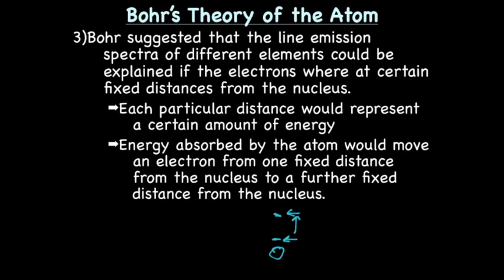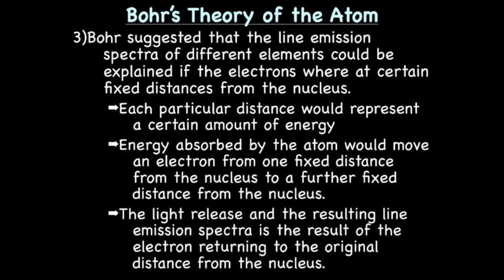So it just directly goes from here to here. It can't go into any of the areas in between. Okay? So it's a fixed distance from the nucleus. And then light is released, and the resulting line emission spectra is the result of the original electron returning to the original distance from the nucleus.